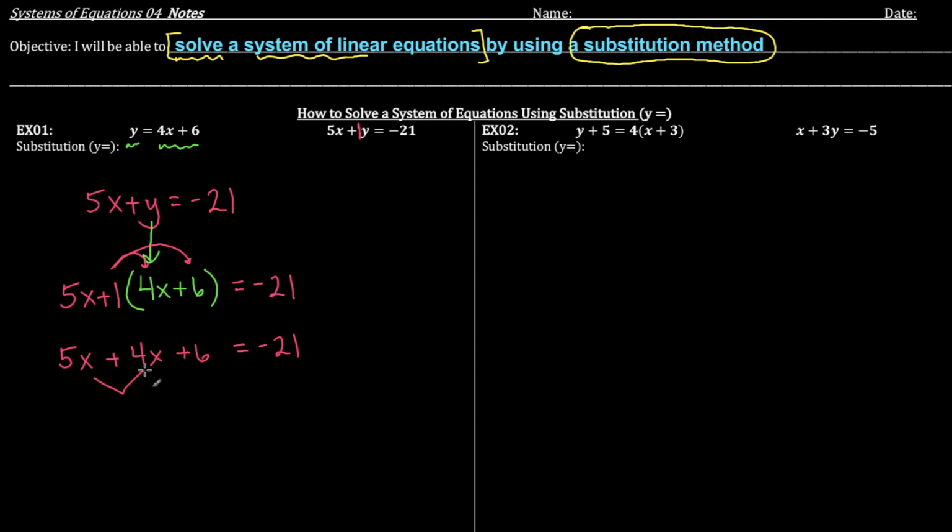So 5x plus 4x is 9x. Let's simplify before we start solving, before we start undoing operations or balancing. Then we subtract 6. We get 9x equals negative 27. And I divide by 9.